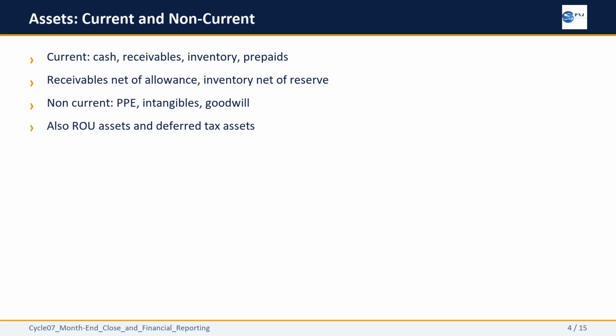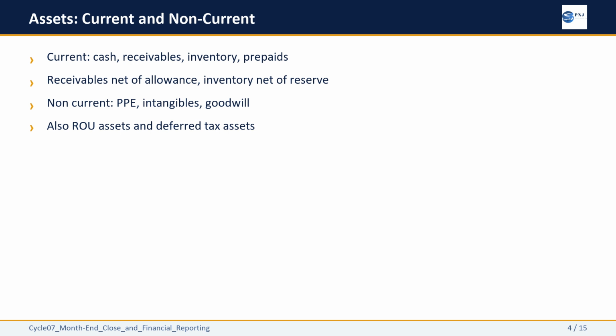So where does each asset go? Your current assets include cash and cash equivalents, short-term restricted cash and investments, accounts receivable shown net of the allowance for doubtful accounts, inventory shown net of the obsolescence reserve, and prepaid expenses. Notice that receivables and inventory are presented net because readers want the realistic value, not the gross figure.